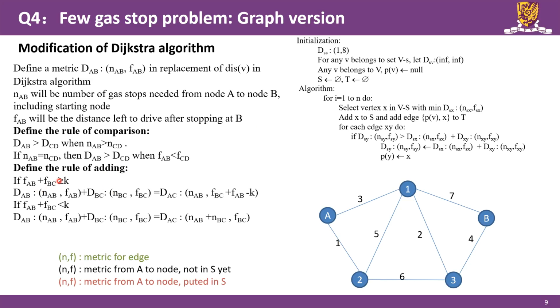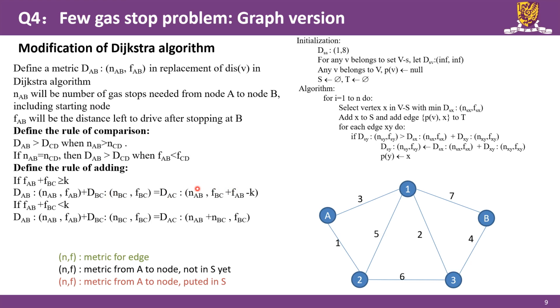So there are two cases. If FAB plus FBC is larger than K, then this is a case where after we stop at maybe A to 2, the gas left is still capable for us to travel to the next node. So in this case, we will add this to DAB plus DBC by this rule.